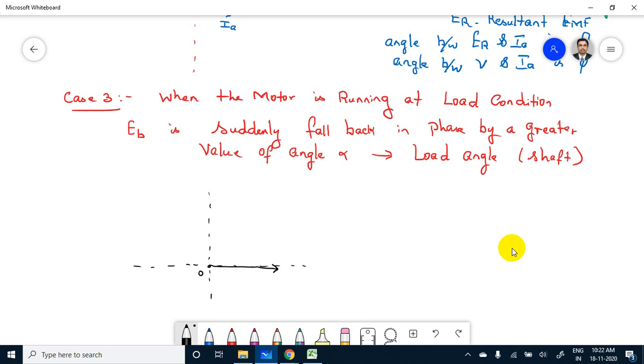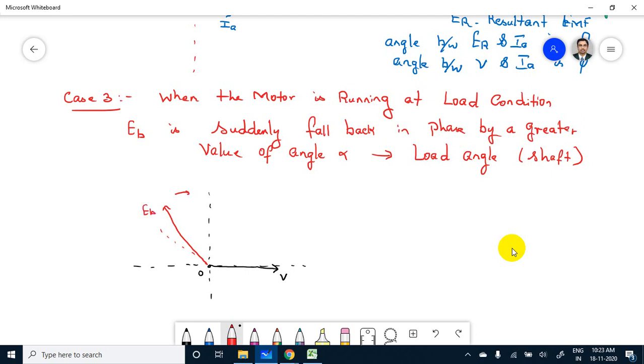This is V, the terminal voltage. Normally your back EMF will be like this, a small back EMF EB. Now when you apply the load, what happened? This back EMF suddenly starts increasing and starts moving towards in phase, that is nothing but EB.